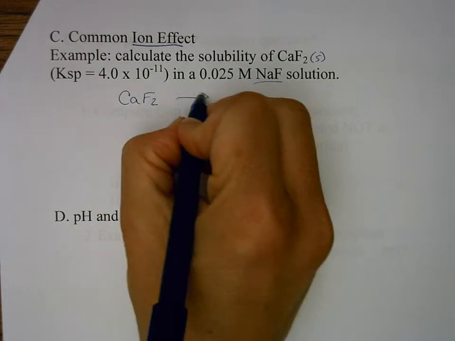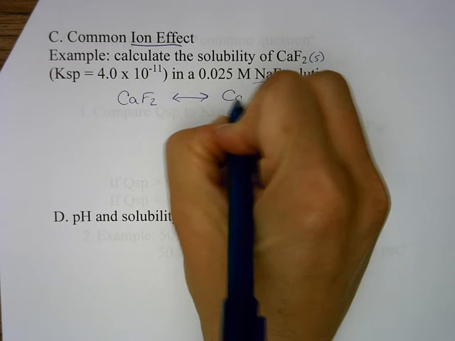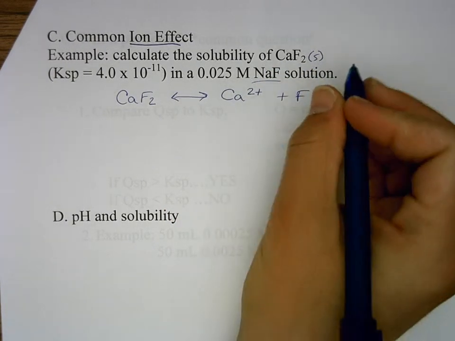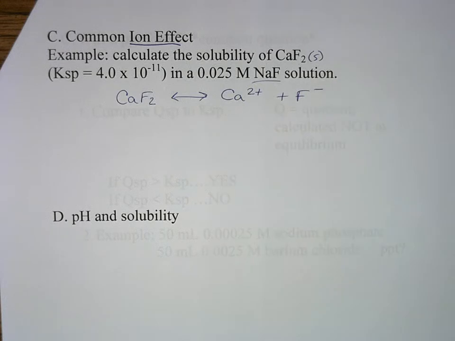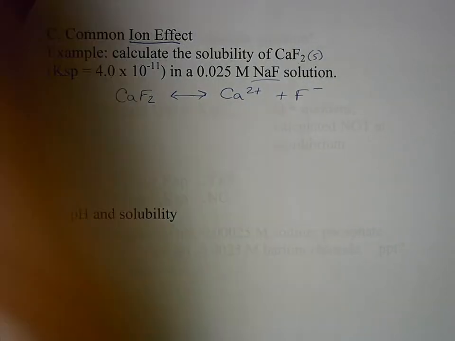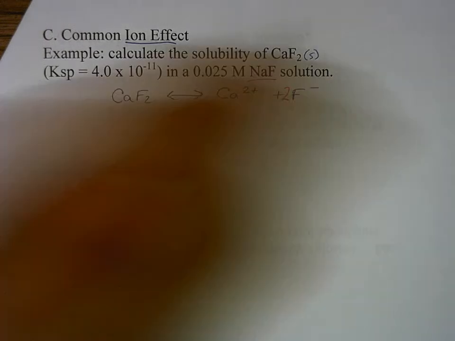If I look at that equation, what's wrong with it? I need two fluoride ions.